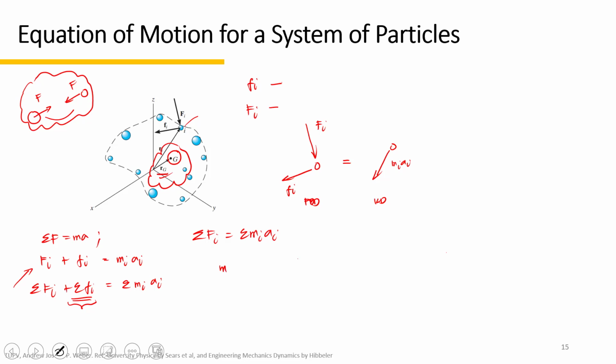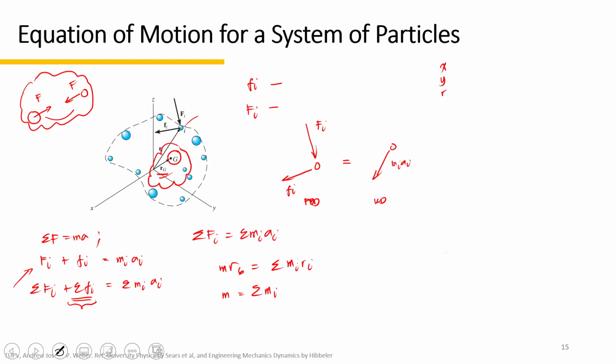We have m r_G is equal to the sum of m_i r_i. Instead of using x, y, we use r to describe the position of all the particles. And m, of course, is the total mass, which is the sum of all the individual particles.